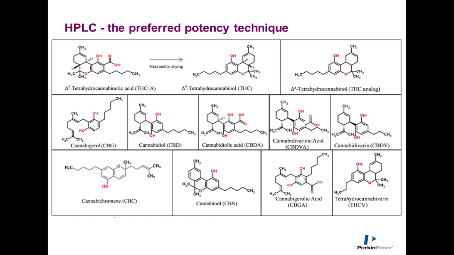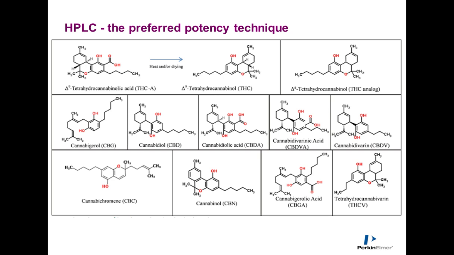In a gas chromatography experiment, the heat of the GC decarboxylates the THCA, so you only see THC in the final results.